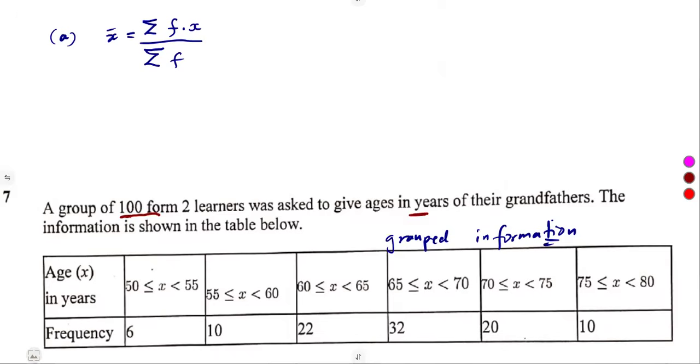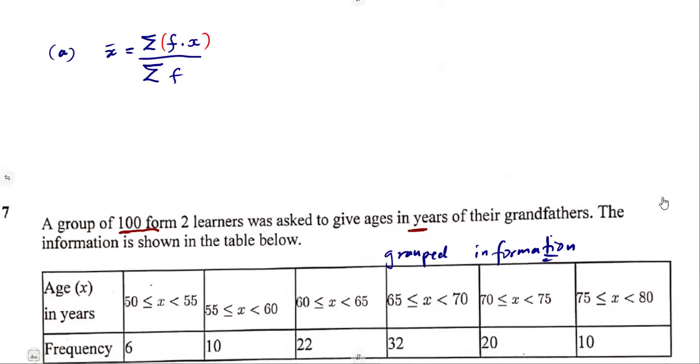By now we must be used to this mathematical language: the sum, summation, sum of. So we simply need the sum of this product, the frequency times the X representing the class center.